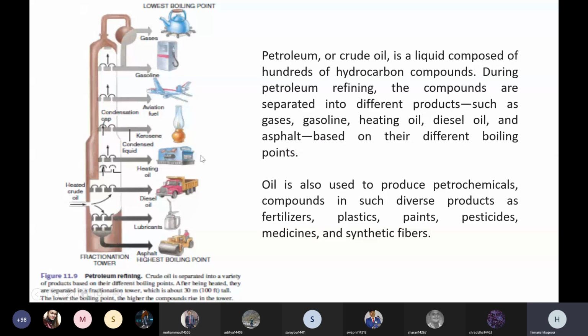The oil which has the lowest boiling point will rise to the top, and likewise we will have different fractions of oil, different compartments of oils depending upon their boiling points. You can see the highest quality of oil forms the fuel with which we run our automobiles.